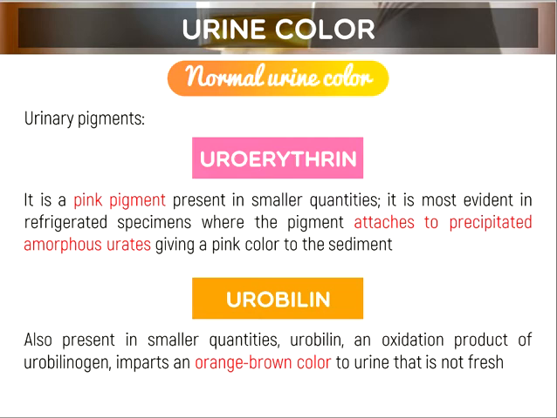Usually, when you see it, the urine looks a bit pinkish. That is because of uroerythrin. And then lastly, we have urobilin, which is the oxidation product of urobilinogen, and it imparts an orange-brown color to urine that is not fresh. So to recap: urochrome, major pigment; uroerythrin, pink pigment; urobilin, orange-brown color in urine that is not fresh.